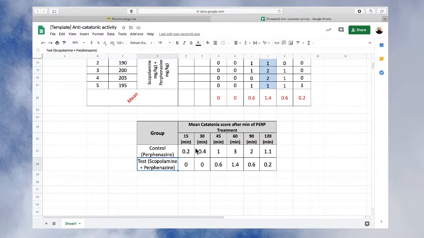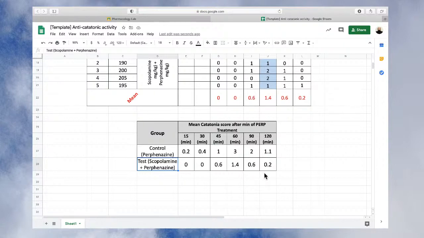When you compare this summarized table of mean catatonic score after different intervals of perphenazine treatment, you can easily see there is a decrease in mean catatonic score in the scopolamine treated group as compared to the control group, that is the only perphenazine treated group. That indicates anti-catatonic or anti-Parkinson activity of scopolamine, because the catatonic score is decreased.